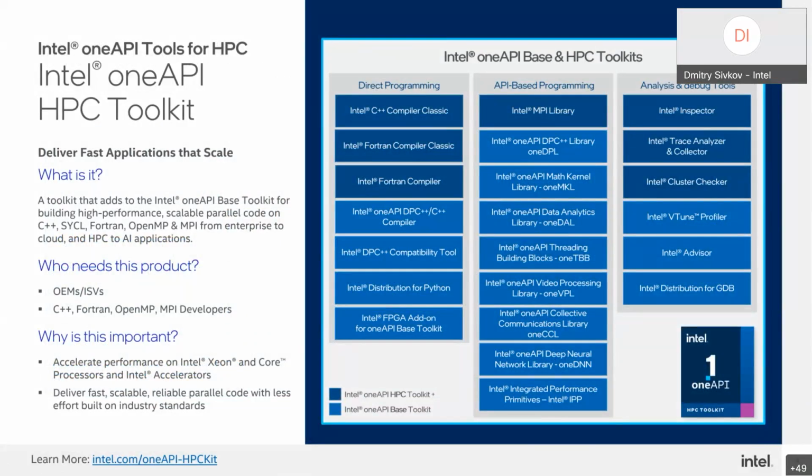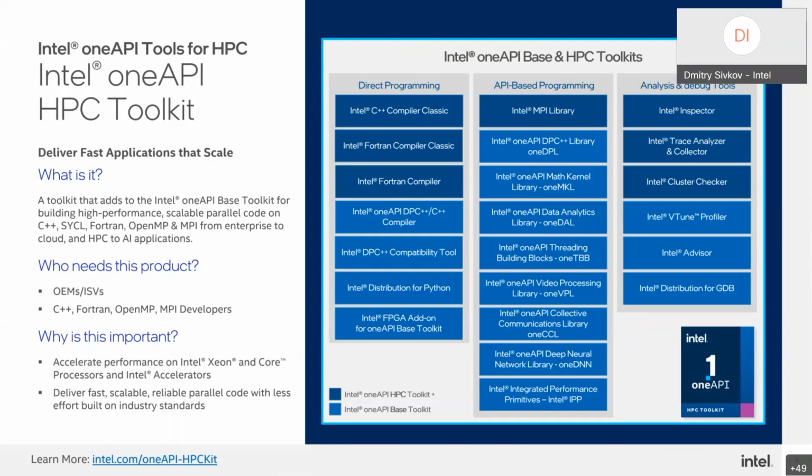So we have compilers, the classical compilers, the usual Intel compilers that probably all of you are aware of. These two days we were focused on the new generation of compilers, but in the HPC toolkit, for backward compatibility and to support legacy products, we have also classic compilers, the C, C++ compiler and the Fortran compiler.